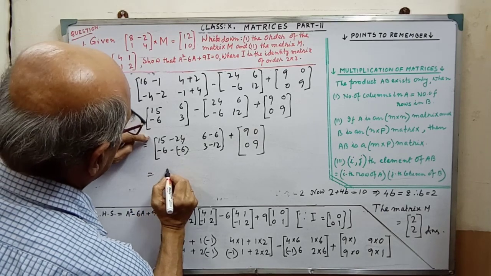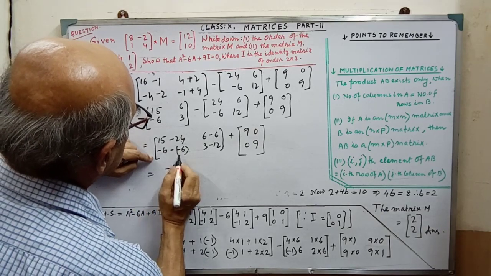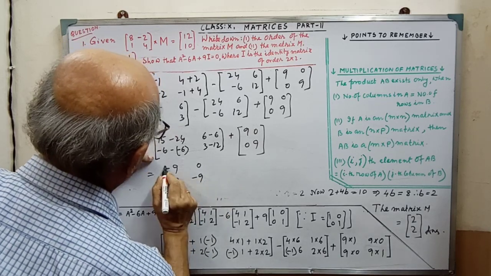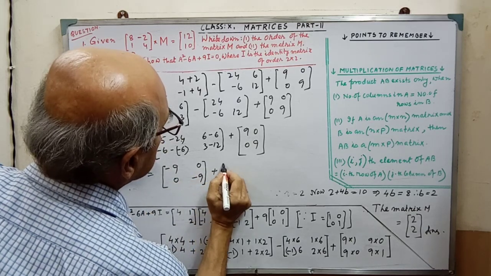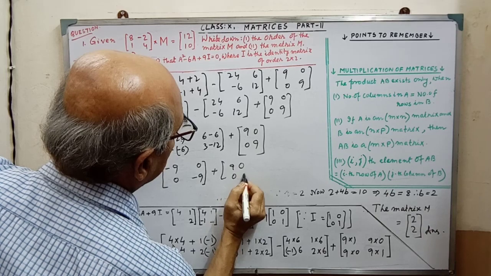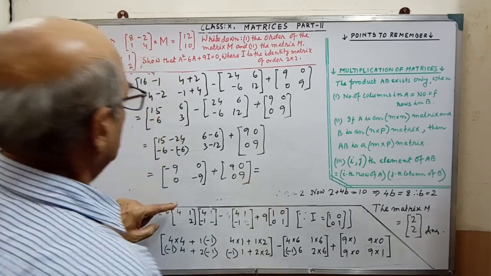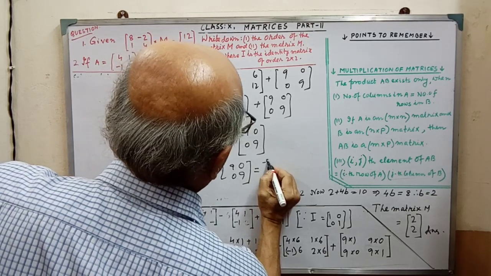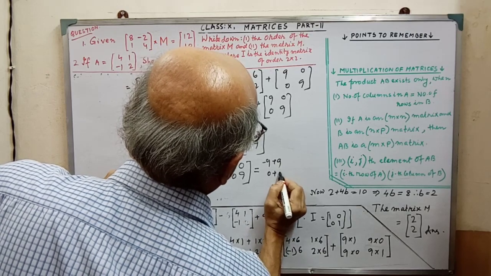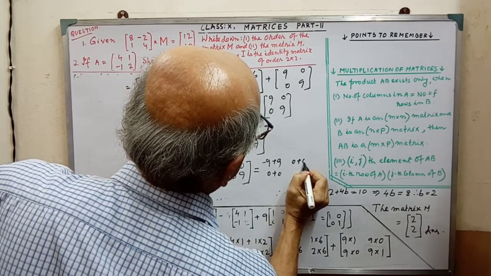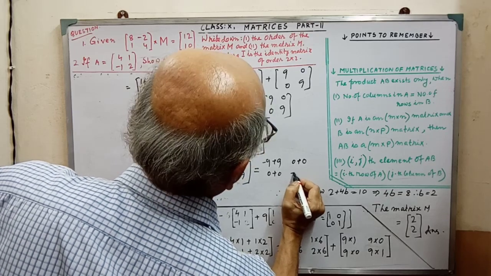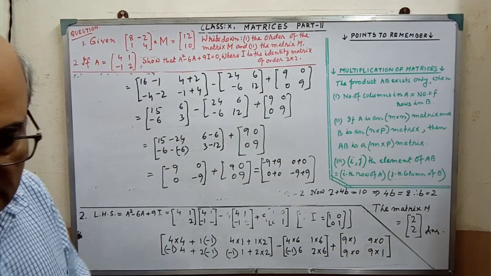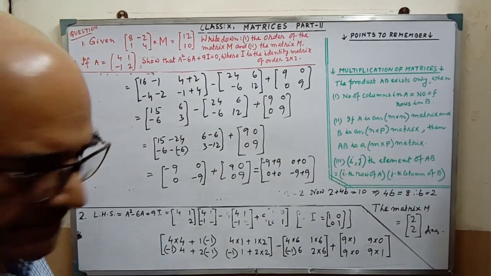Now 15 minus 24 minus 9, this is minus 6 plus 6, that is 0, and this is 0 and this is minus 9, plus 9 0 0 9. By adding this, what are we getting? Minus 9 plus 9, 0 plus 0, and minus 9 plus 9. This we are getting.